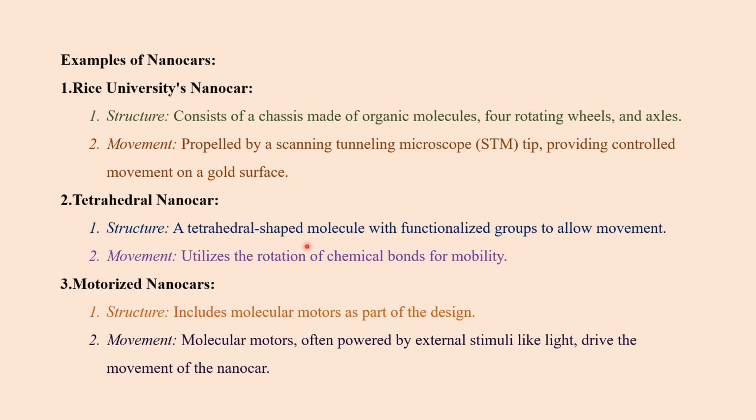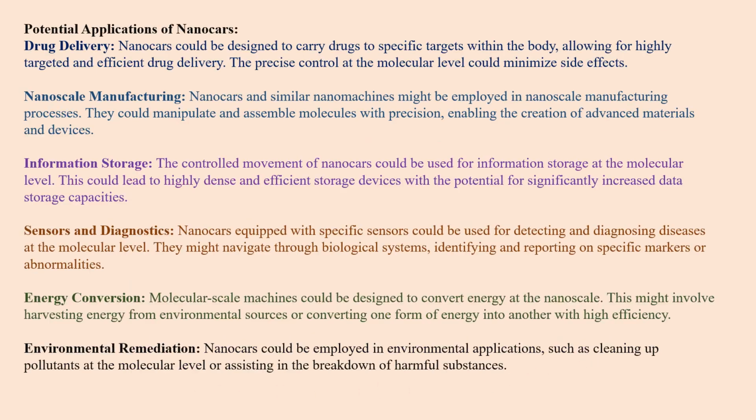The structure is molecules with functionalized groups to allow movement, and the movement utilizes the rotation of chemical bonds for mobility. Then there are motorized nanocars, which include molecular motors as part of the design, where the molecular motors, often powered by external stimuli like light, drive the movement of the nanocar, and so on.